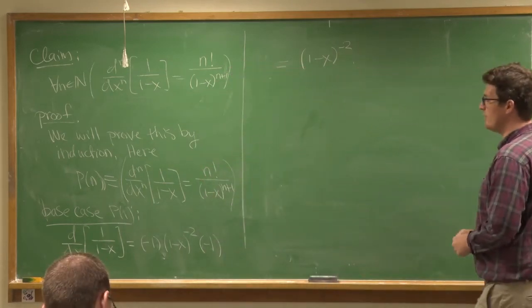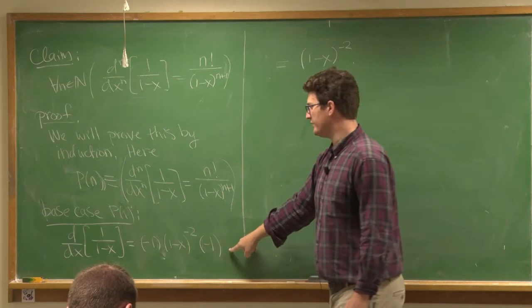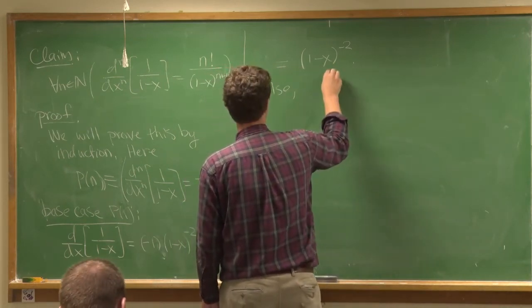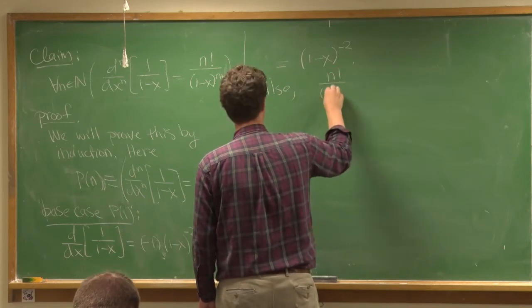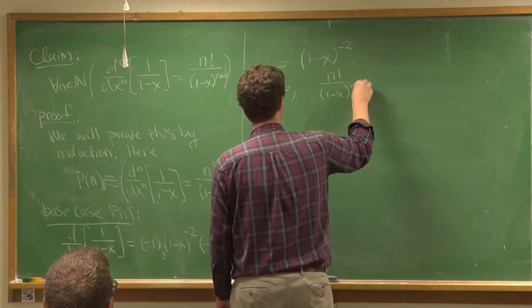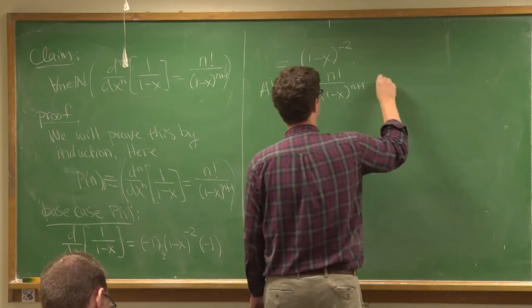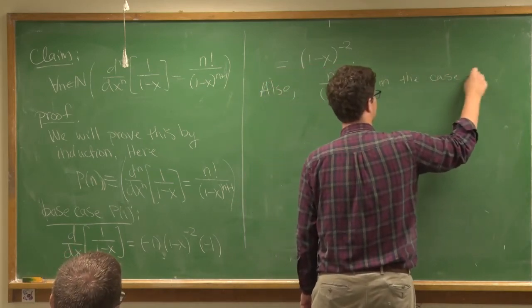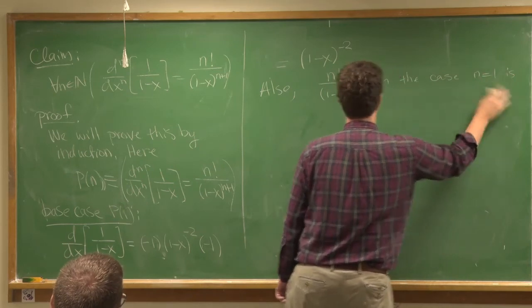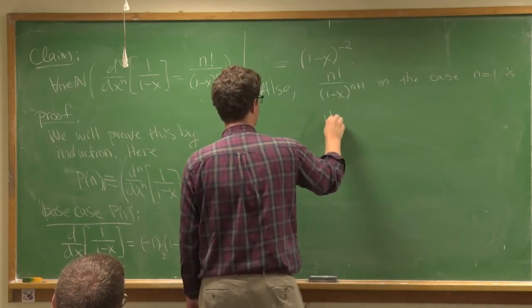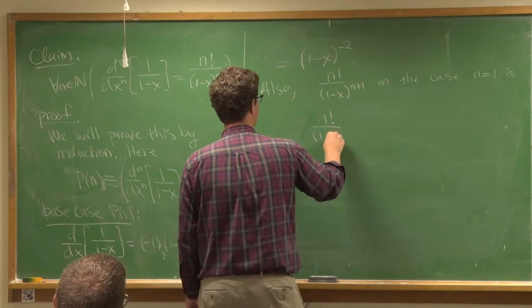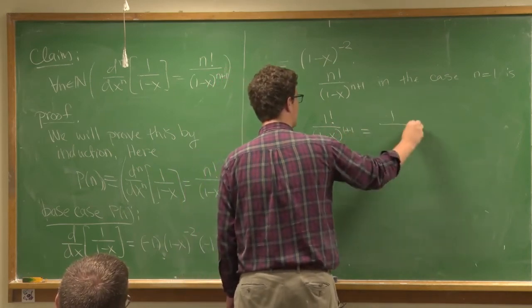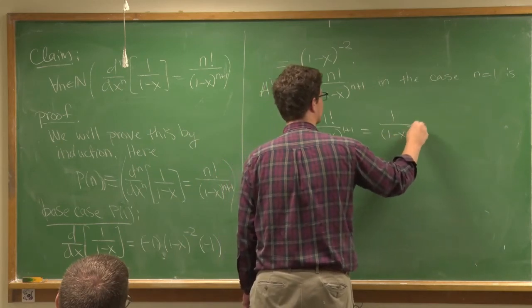OK? So this is one side of it. Also, this thing, n factorial over 1 minus x to the n plus 1, in the case n equals 1 is the following: it's 1 factorial over 1 minus x to the 1 plus 1, which is really 1 over 1 minus x squared.